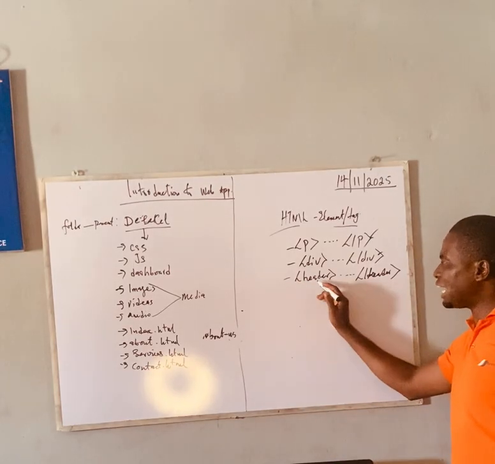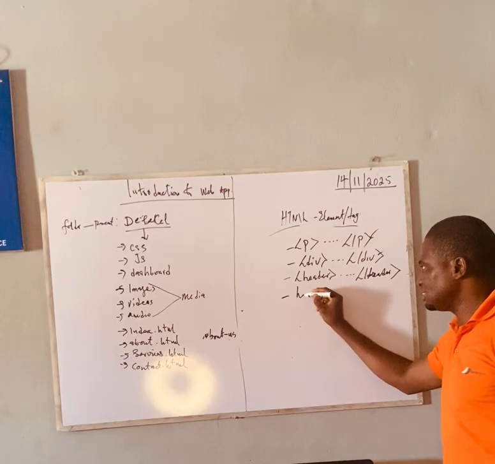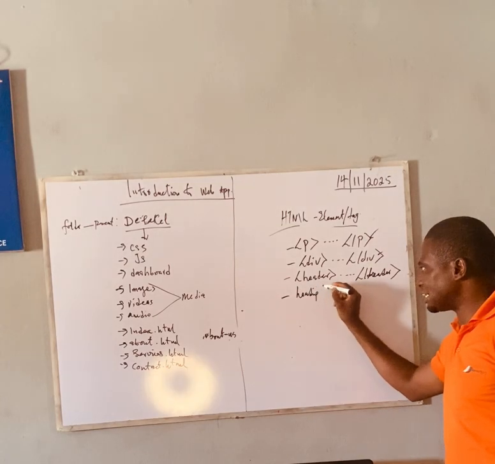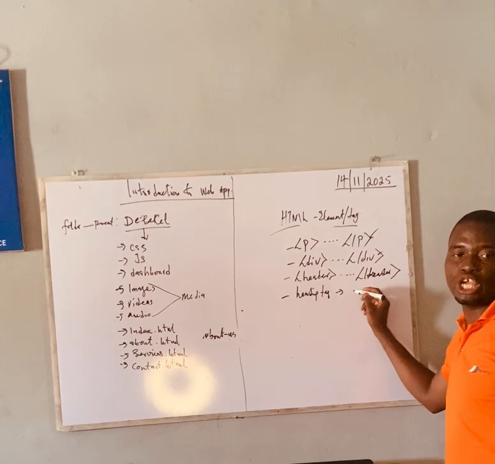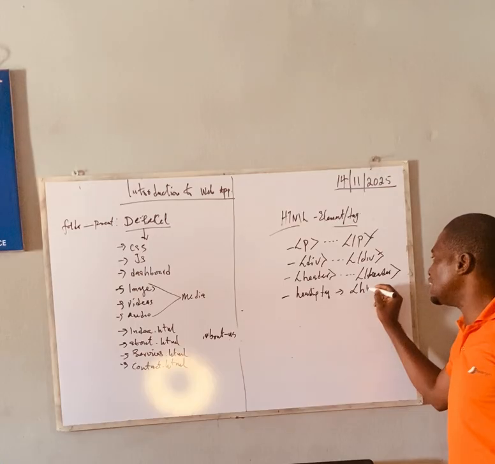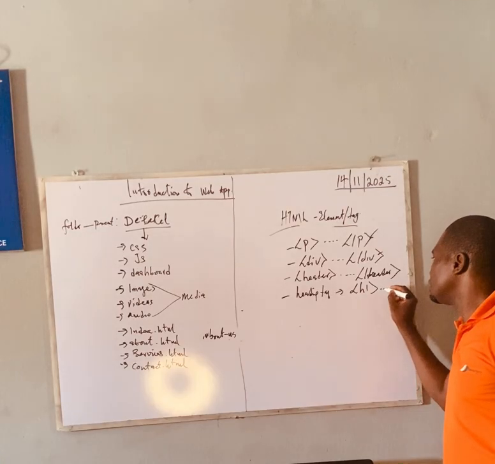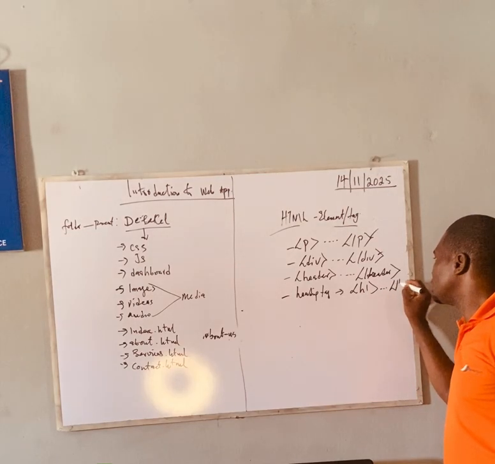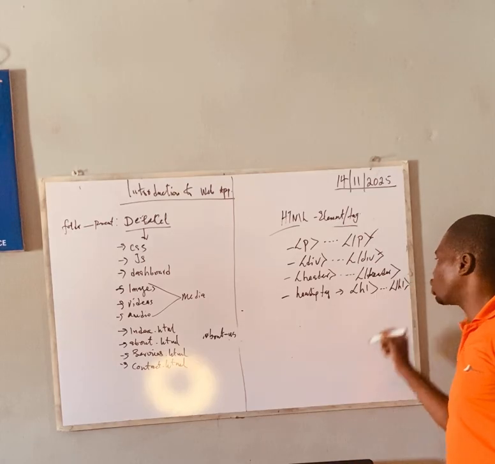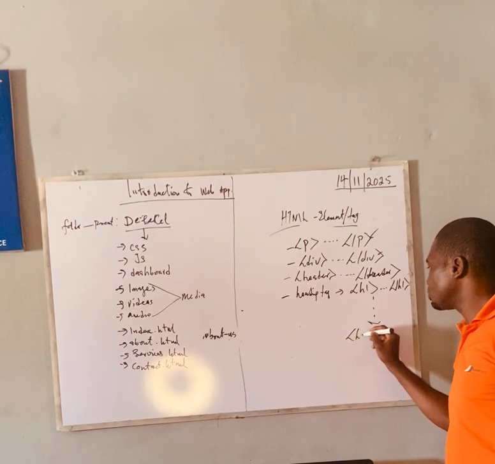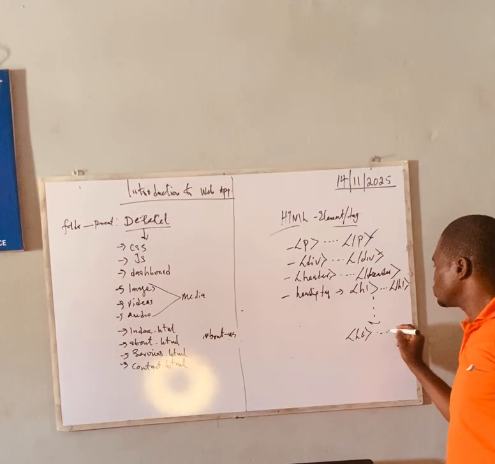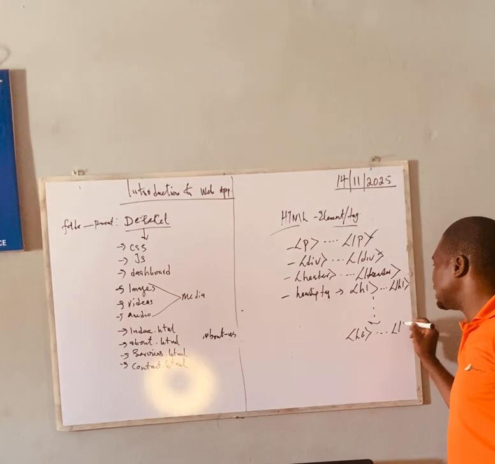Then we have header, we have heading. Heading tag. Heading tag is represented with what? H. So we have six headings, H1, H1 close, up to H6. Are we together? Good. Which one is the biggest?